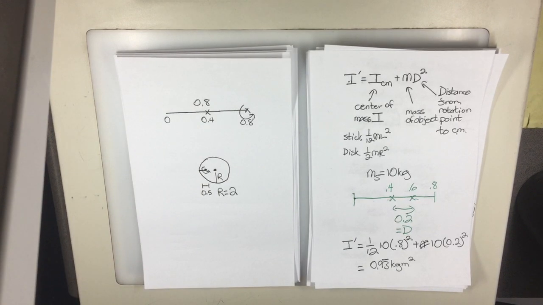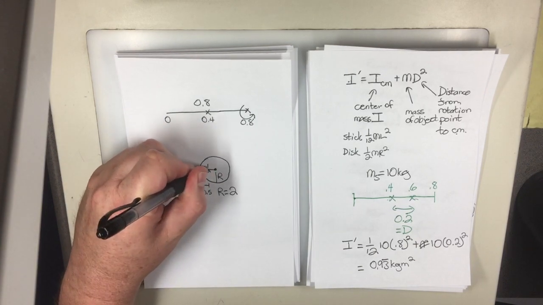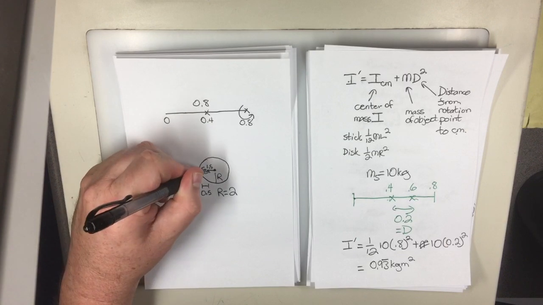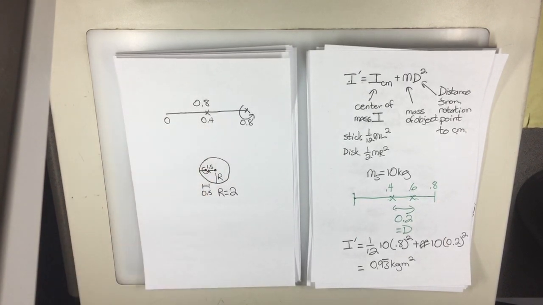So that distance there was 0.5. What is the distance D? 1.5. So if that distance is 0.5, that distance is 1.5, and the distance from there to the rotation point is 1.5. So it's being able to identify what D is.